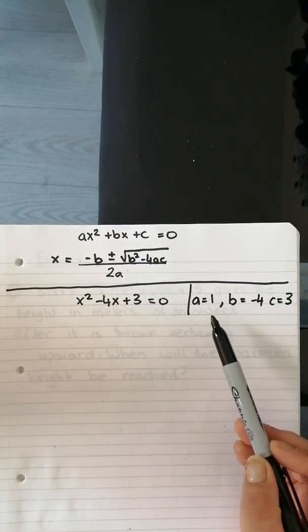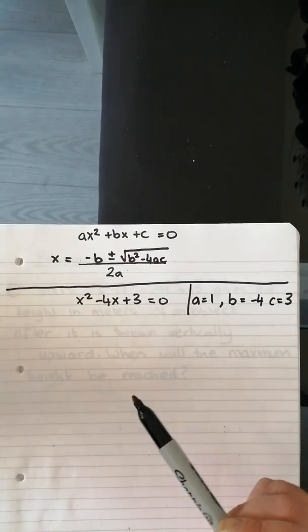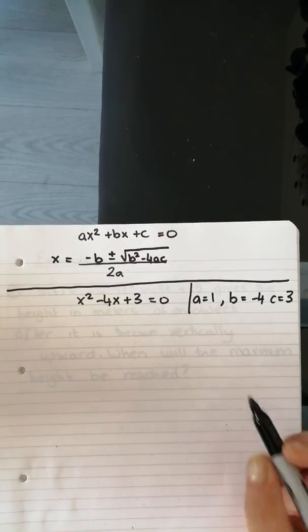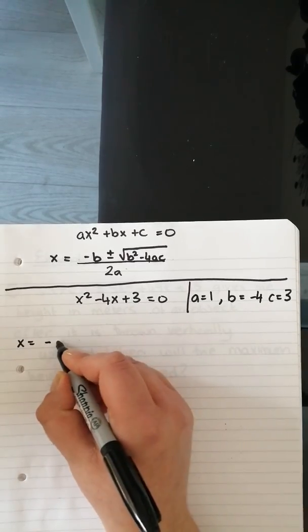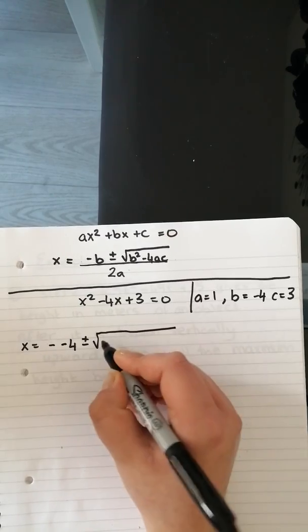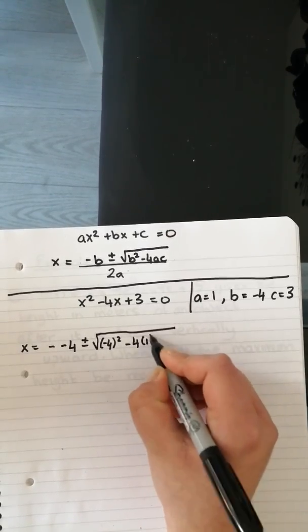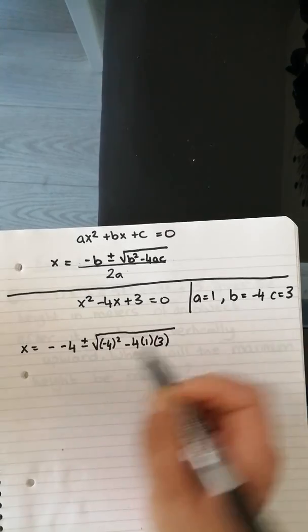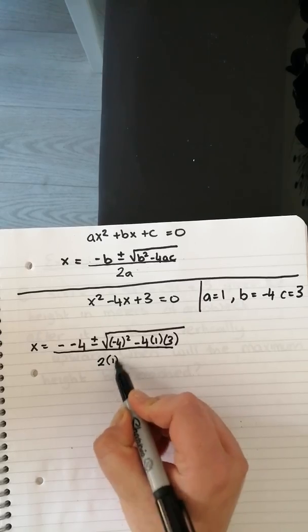So once we've identified our a, b and c, we can just substitute them back into the formula to solve for x. So x is equal to minus b, which is minus 4, plus or minus the square root of minus 4 squared, minus 4 times a times c, all over 2 times a.